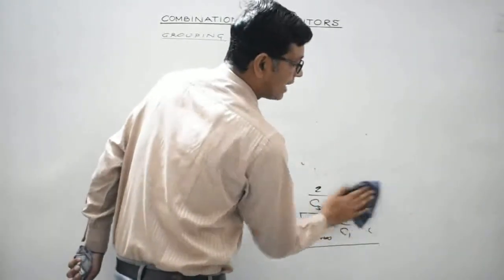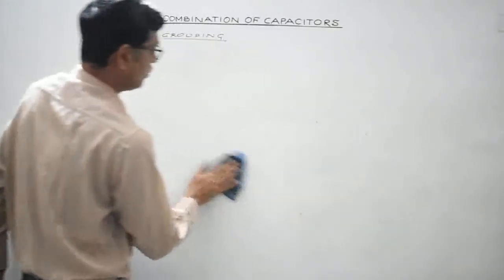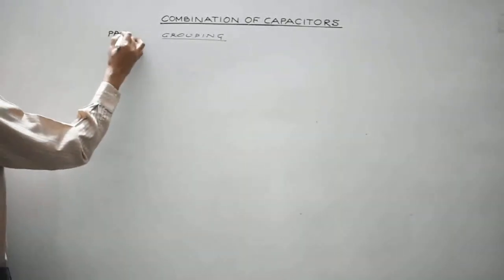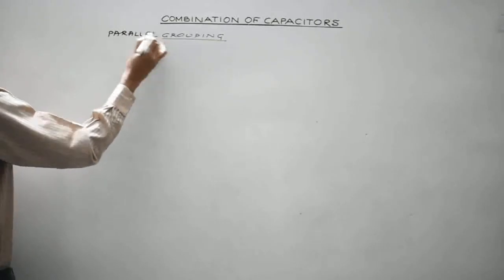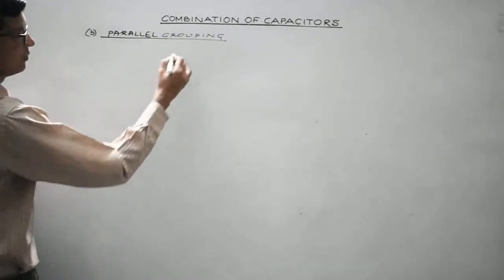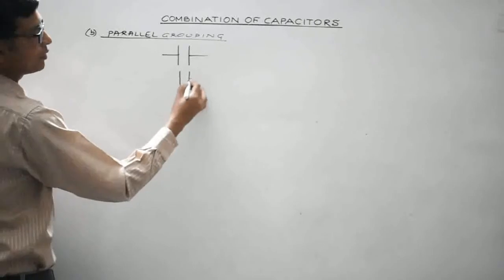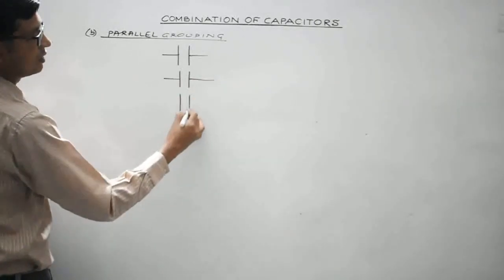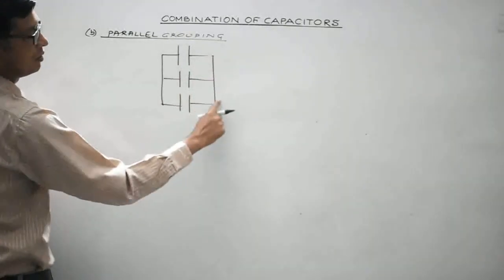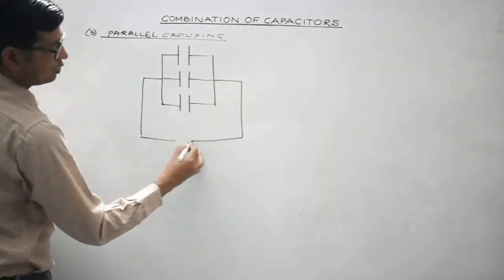In series, the capacitors are connected end to end, while in the parallel grouping, the capacitors are connected across like this. This is the first capacitor, this is the second capacitor, and suppose this one is the third capacitor. They are connected in this particular manner across, and the combination is connected to a source.